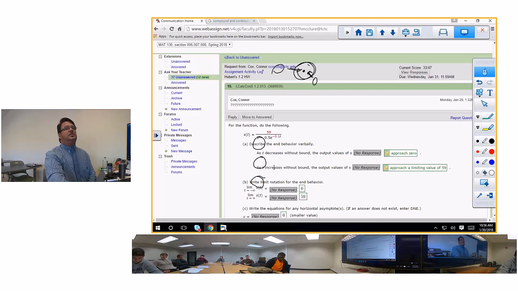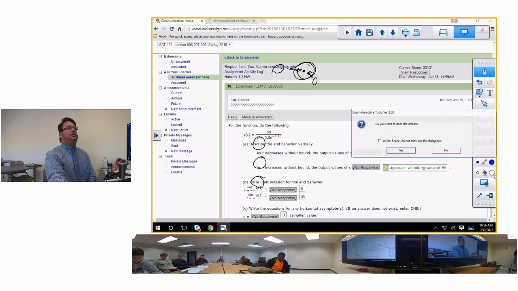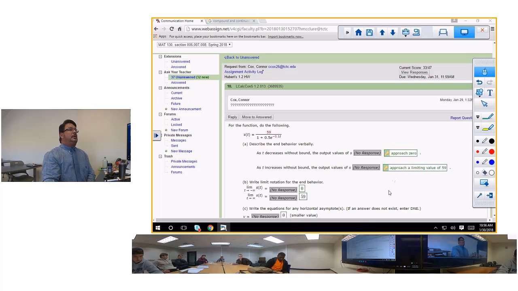This question, okay. This is a calculator question. So you get your calculator out. It's out of the box, it's a little bit of algebra. You know, what does it look like? But it's still out of the box because it's asking about the limit. So the first thing you want to do is put this in the calculator. You're going to graph y equals 59 divided by 1 plus 0.5 e to the negative 0.1 t.